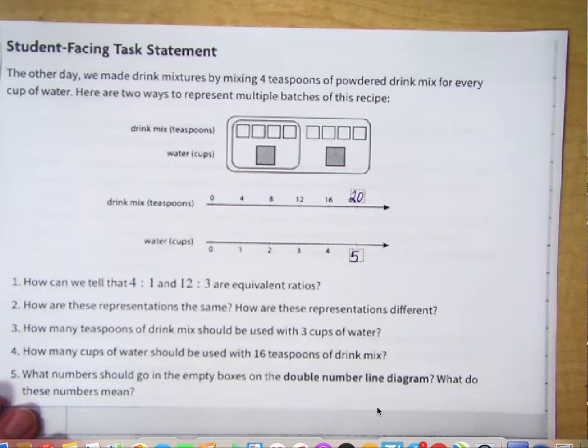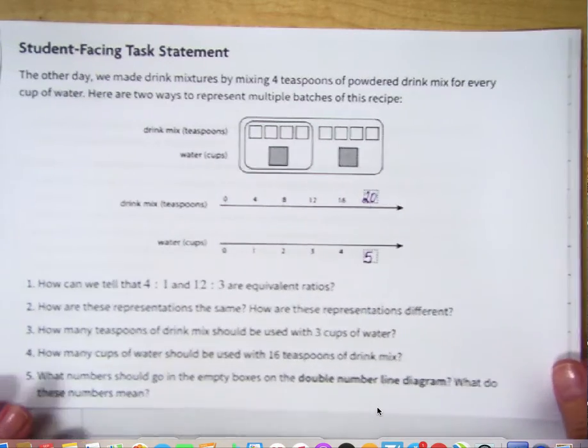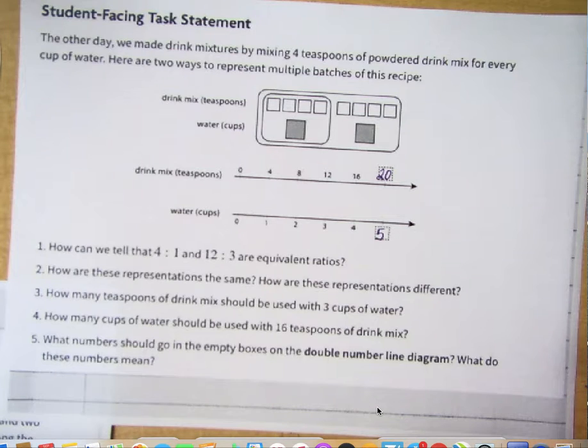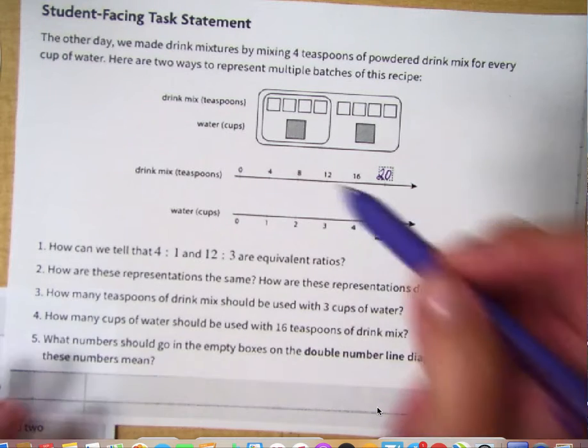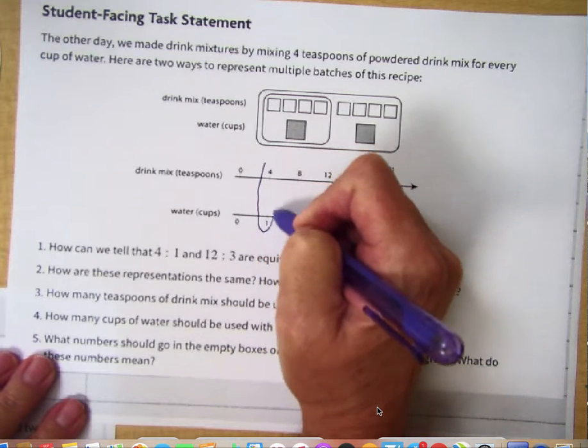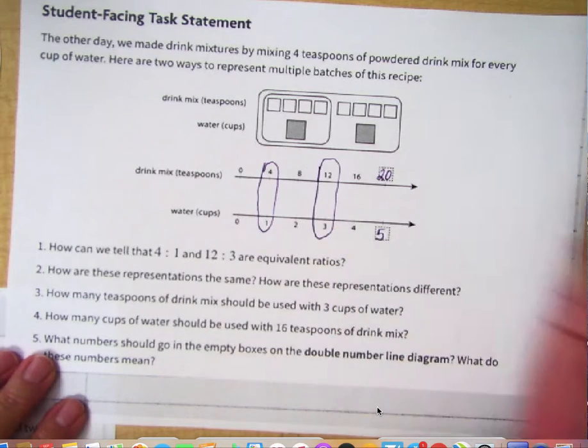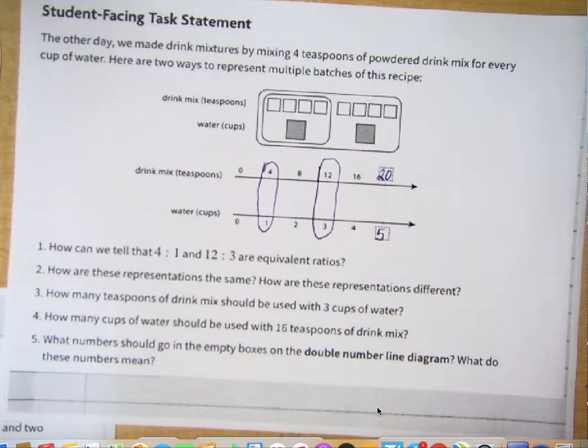All right, how can we tell that 4 to 1 and 12 to 3 are equivalent ratios? How can we tell? Well, look at this. Don't they line up very nicely? They line up very nicely.